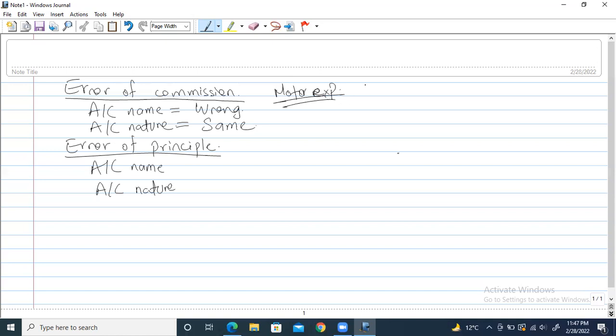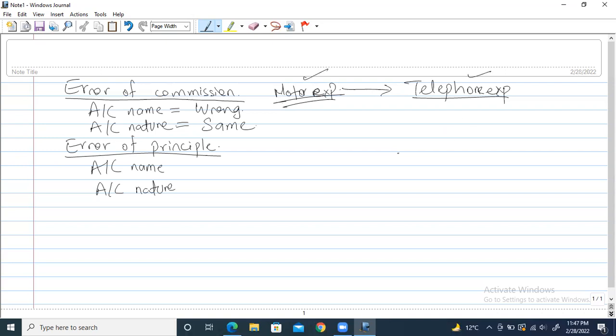But accidentally my accountant entered this expense in another account, known as telephone expense. Although the account name is wrong over here, this is motor expense and this is telephone expense, you can see the nature of both accounts is the same. This is an expense account, this is also an expense account. However, the account names are wrong.